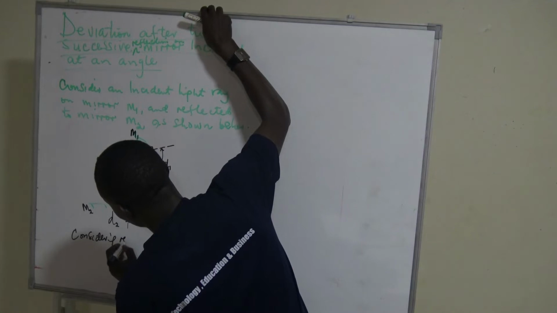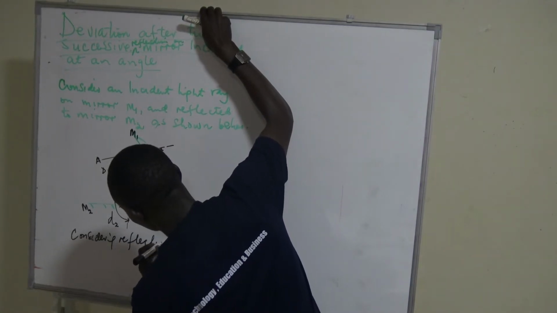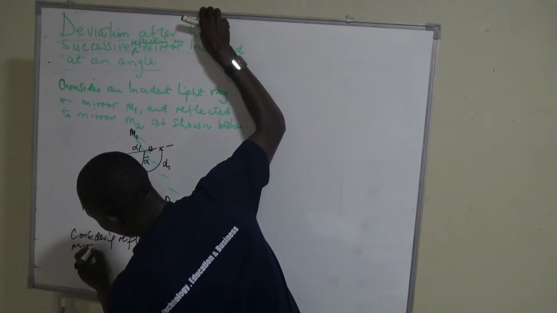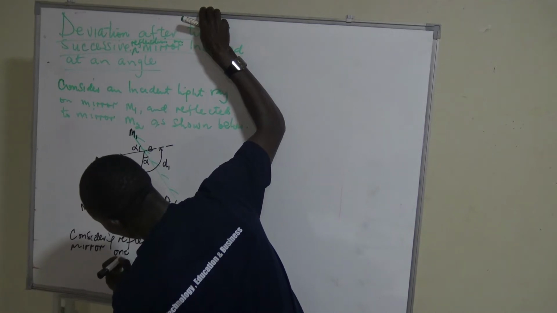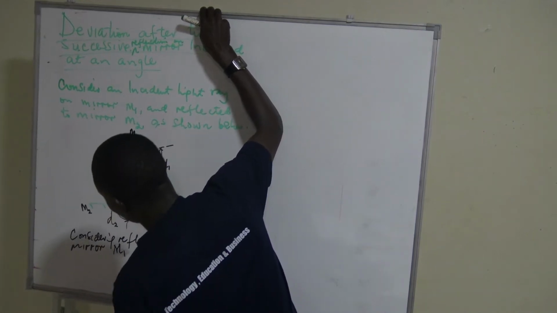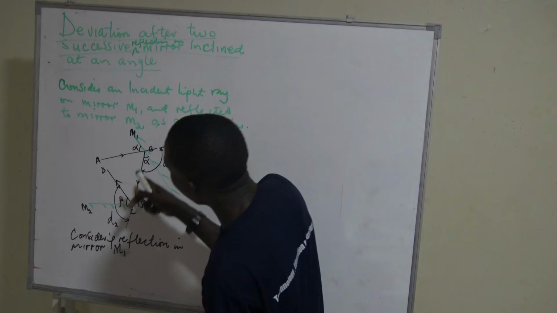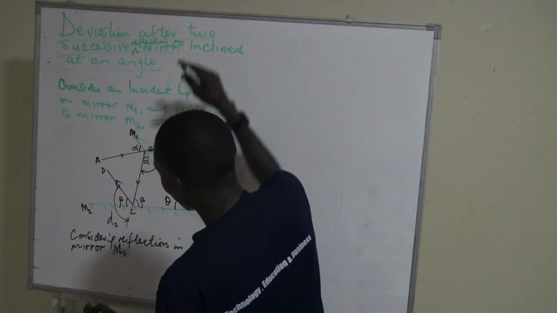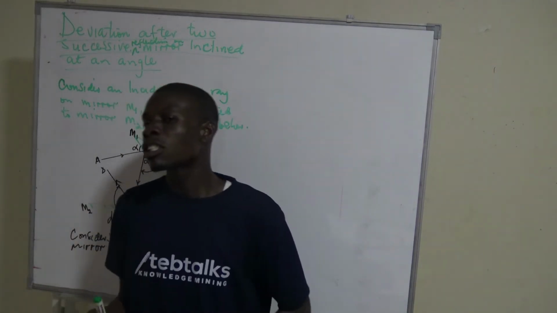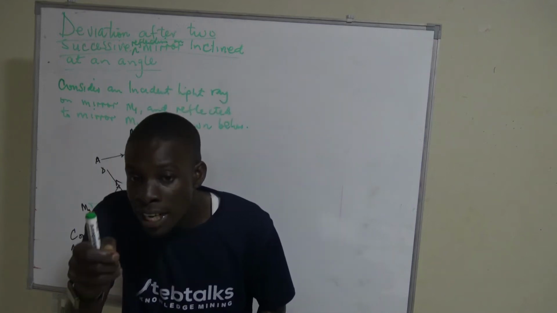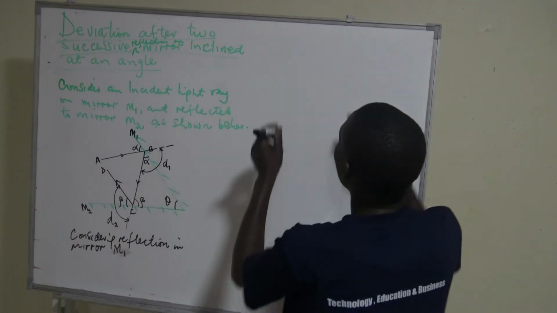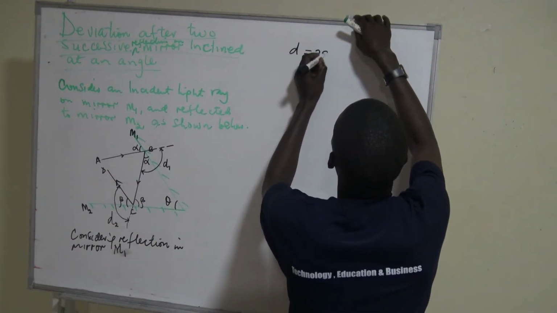Considering reflection in mirror M1, we know on mirror M1 the angle of glancing is alpha. We are aware from the proof we have just made that the deviation is always twice the angle of glancing.